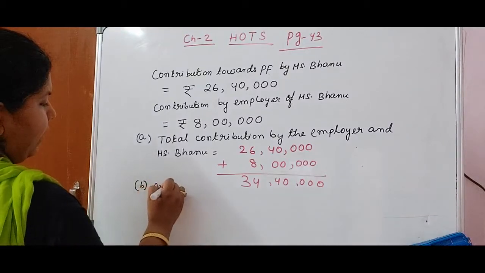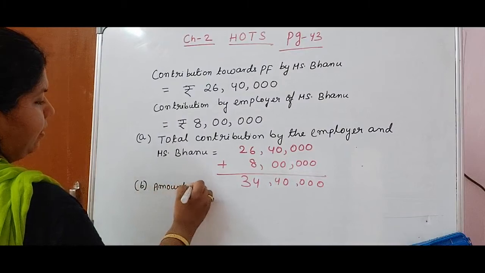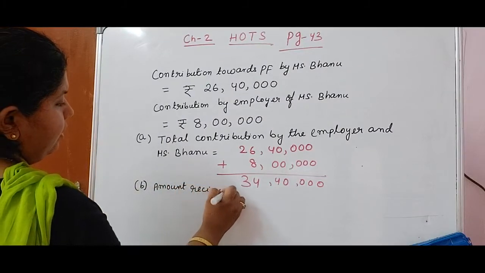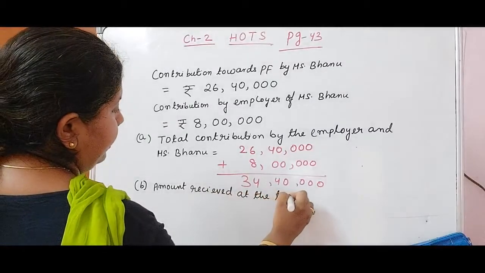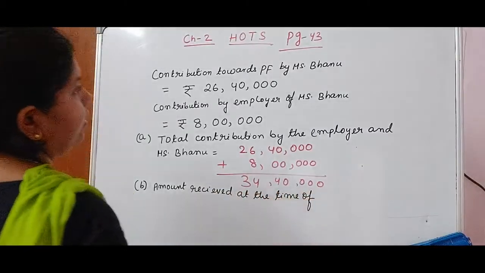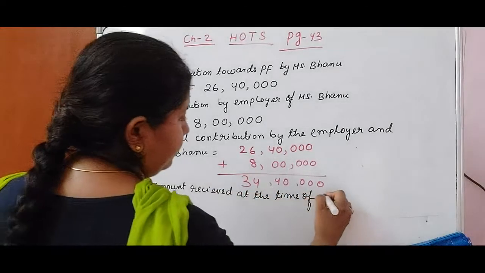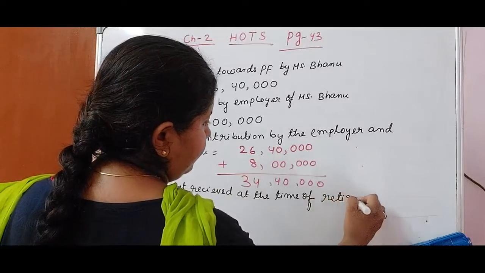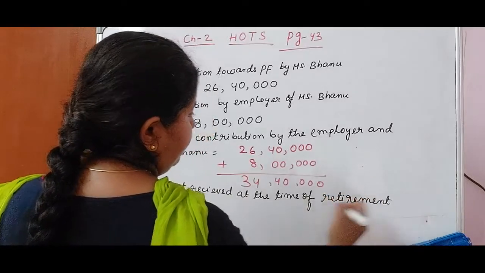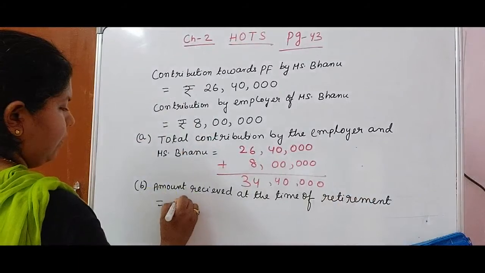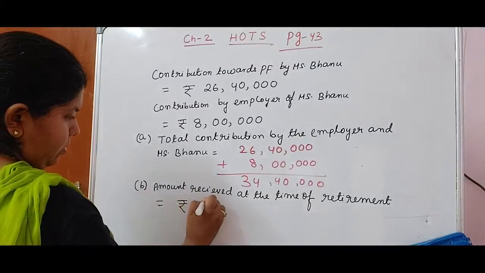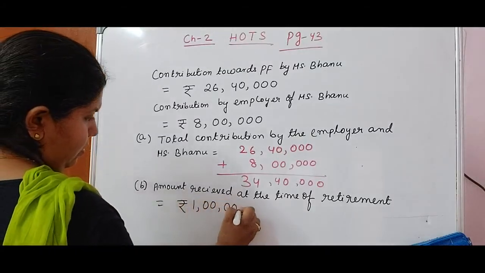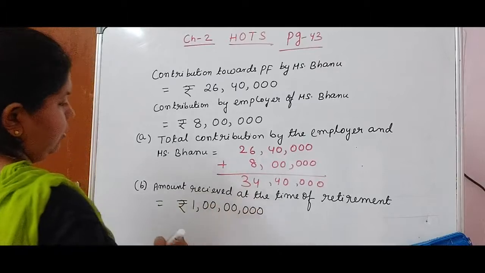Amount received at the time of retirement equal to, how much is it? Rupees 1 crore. Okay, this much.